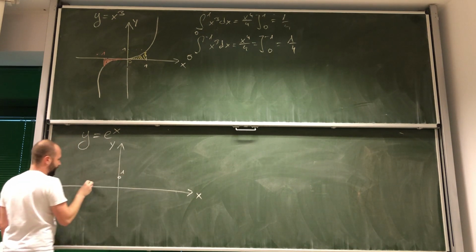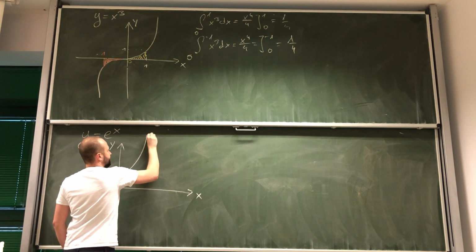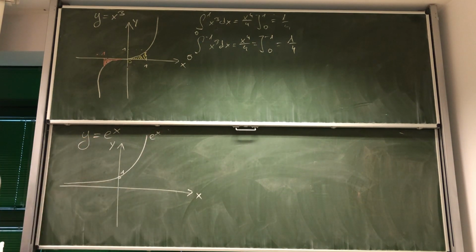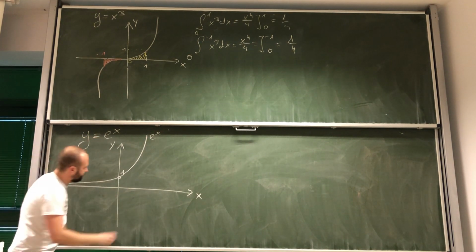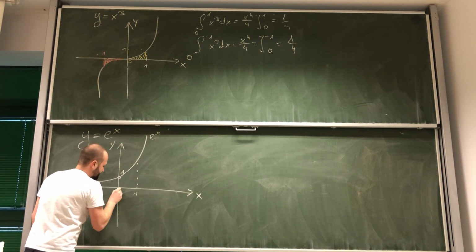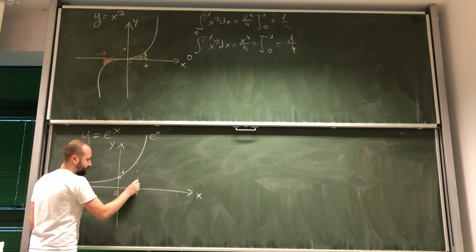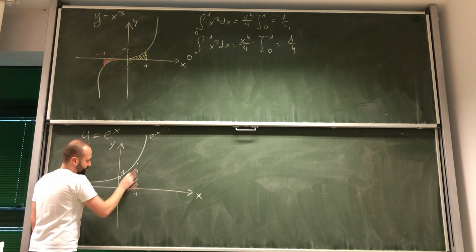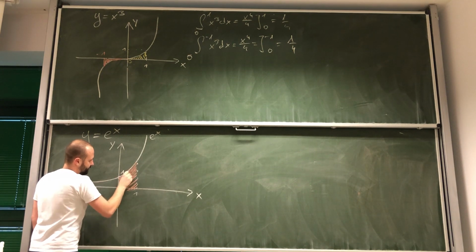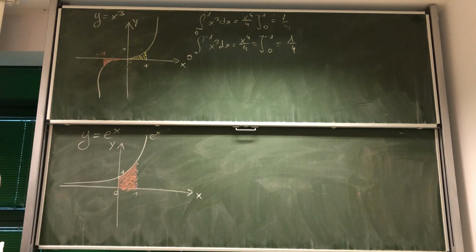It goes through 1. Okay, and let's start with this one. So what is between, again, what is between 0 and 1? So what is the size of this shape?